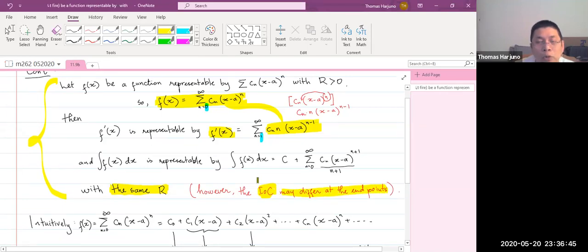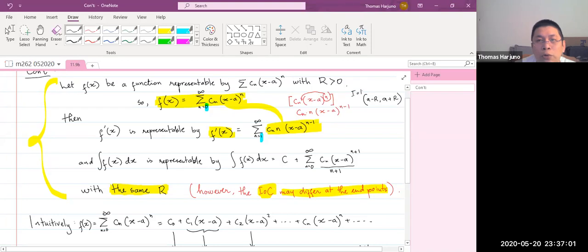So suppose, for example, the original interval of convergence is (a minus r, a plus r).